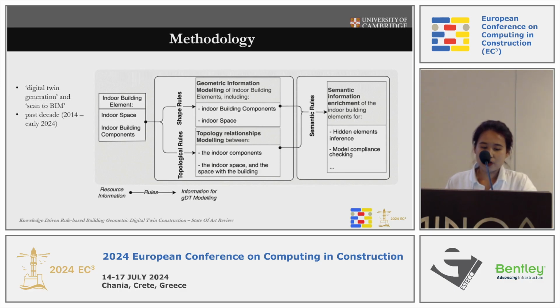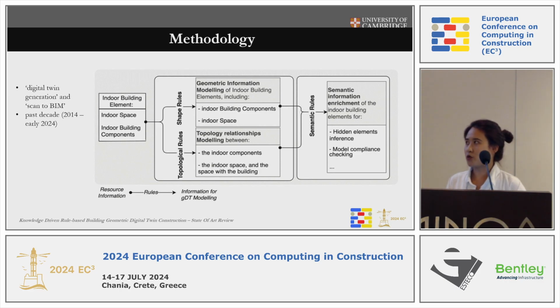The first one is the shape rules. These rules focus on the geometric building information or geometric characteristics of the indoor elements or the space. Then there are the typological rules. These rules focus on the relationships between different elements or different categories of elements, the relationship information of our elements, and also the components and the space.